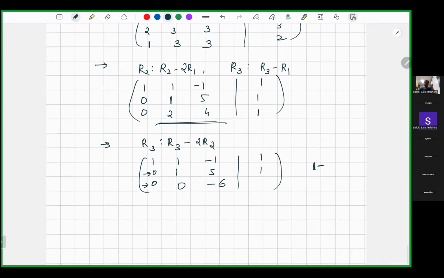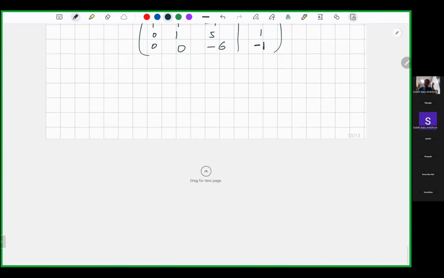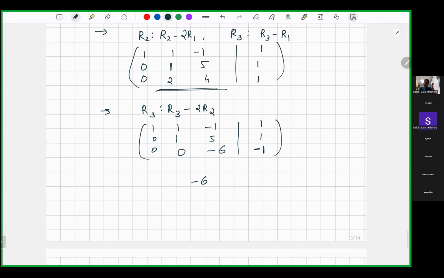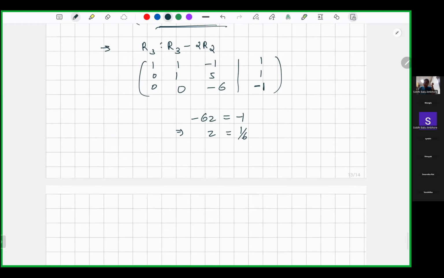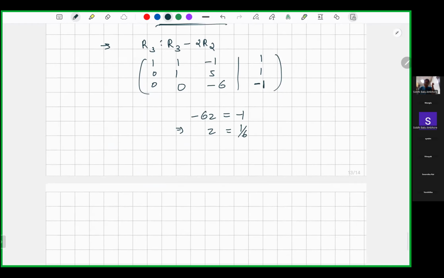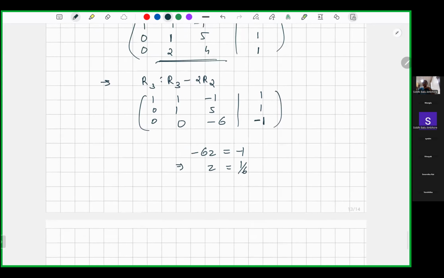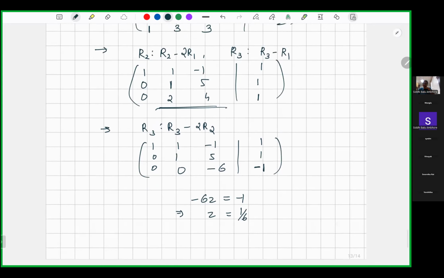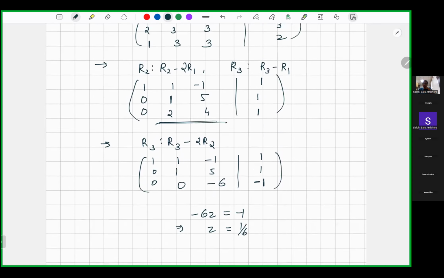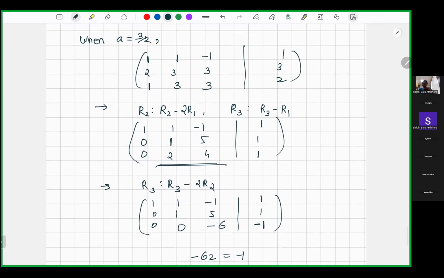Let us see. So this is minus 6, and here I get 1 minus 1 minus 1 minus 2. This is minus 1. And the moment I have this, I get minus 6z is equal to minus 1, and this gives me z is equal to 1 by 6. In this case, the system will have a solution, right?